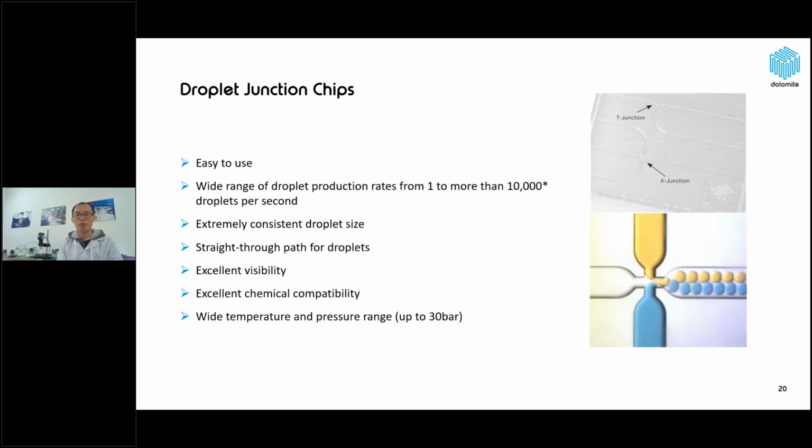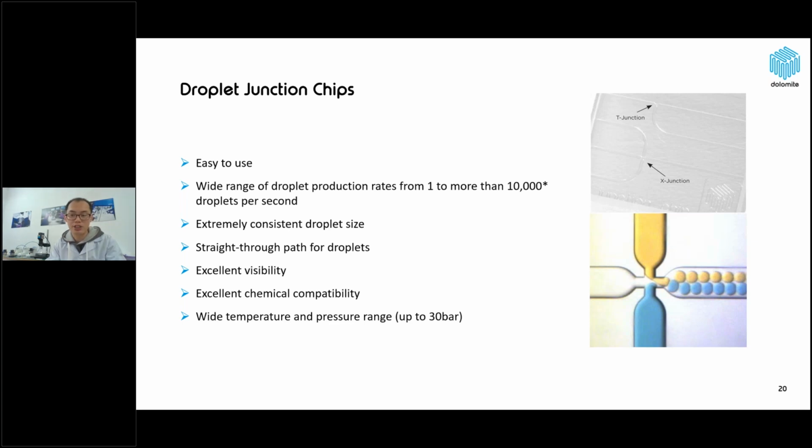So with Dolomite, we offer many kinds of geometry chips. The Droplet Junction chip is one of our products, which offers a wide range of Droplet Junction chips with different junction geometries, channel sizes and surface properties, which enables users to produce more than 10,000 droplets per second.